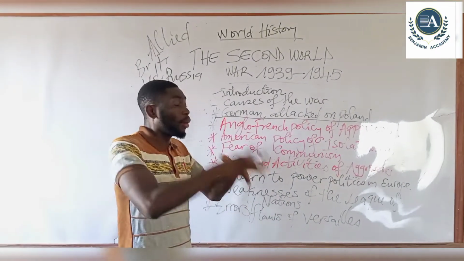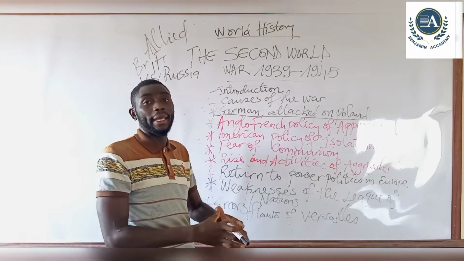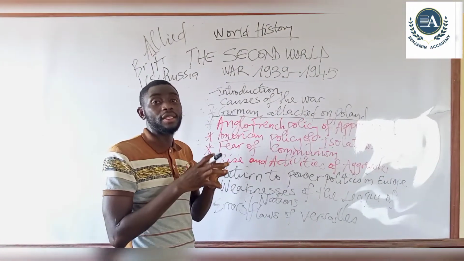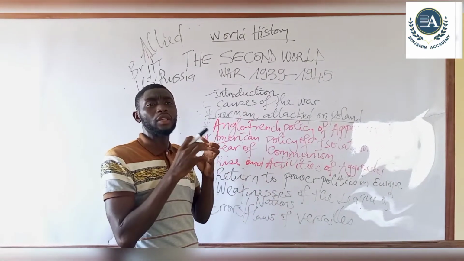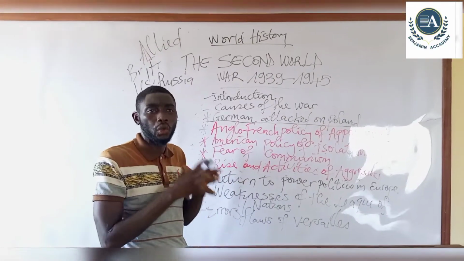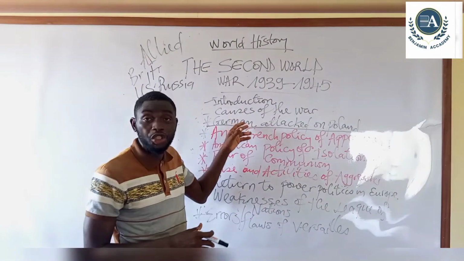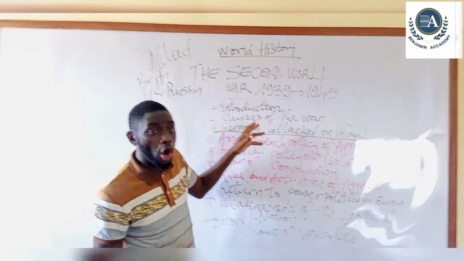What happened? When we look at the First World War, we discovered that the war came to an end and the Treaty of Versailles was signed against Germany as the loser. Under the Treaty of Versailles, some German lands were seized and given to certain European nations to sanction Germany for being the cause of the outbreak of the First World War.